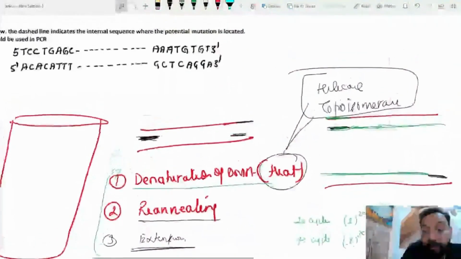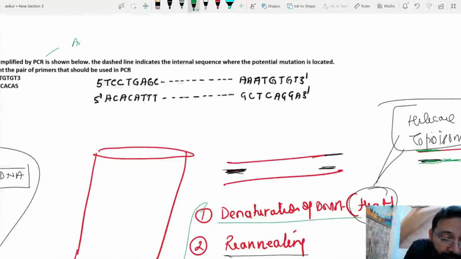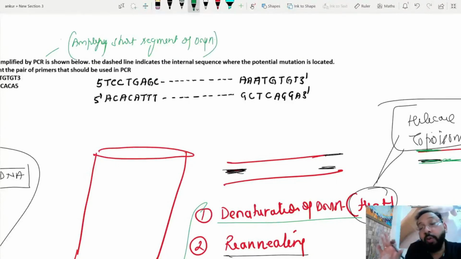But what are the limitations of PCR? One limitation is you can amplify only a short segment of DNA. A long segment of DNA cannot be amplified.